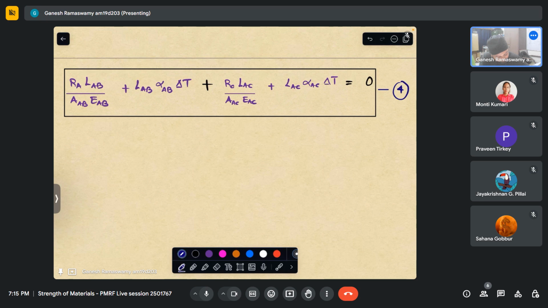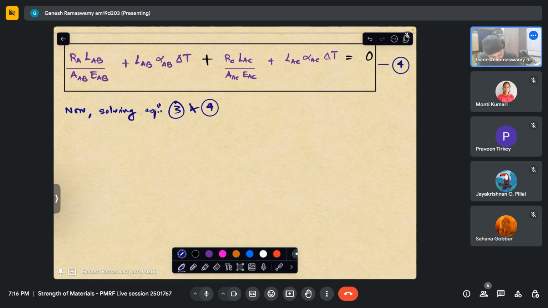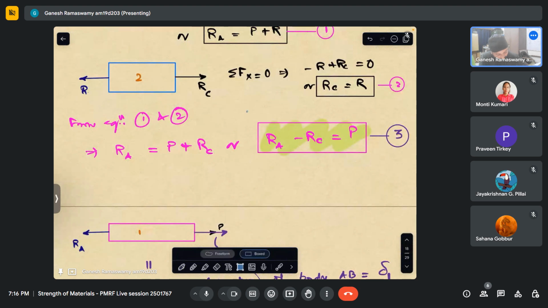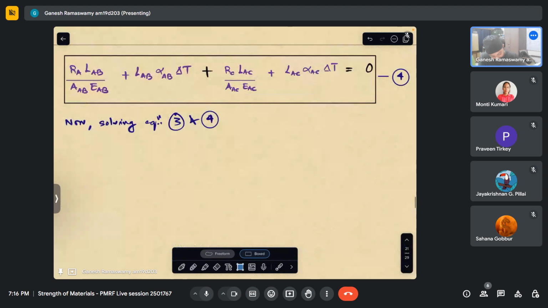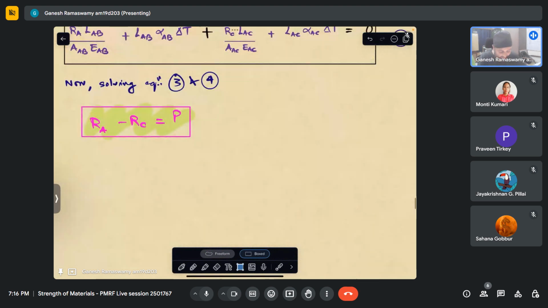Now it is just a matter of solving equation 3 and 4. So let me bring that equation over here. I'll just rearrange equation 4 a bit to match it in the same form.